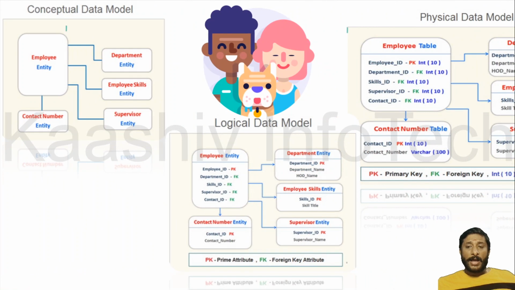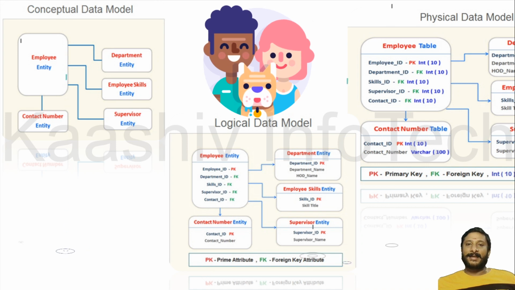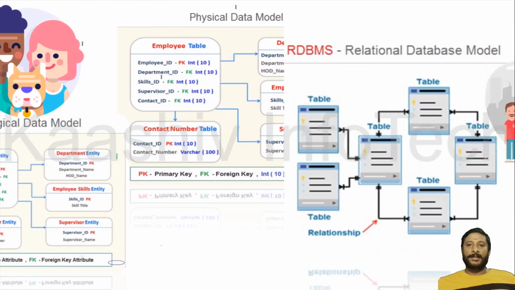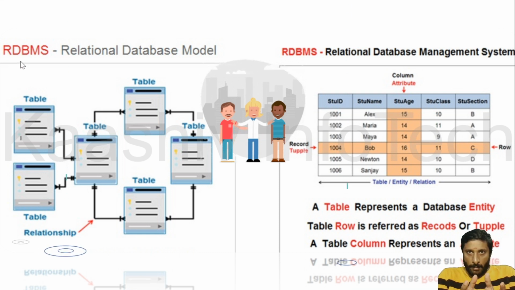So as I told you, I consolidate everything. Defining the entity is called conceptual. Defining the attributes with this entity is called logical. Defining the entity with the attribute and data type is called the physical data model. Okay, these are the things. Maintaining the relationship among the tables is called relational database management. So the database is the box.